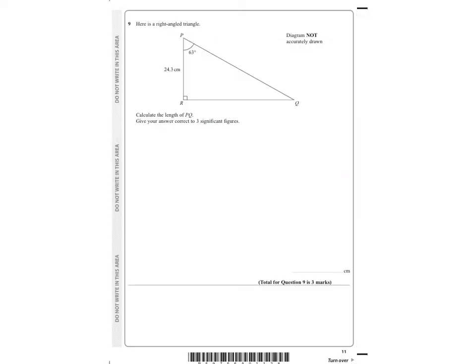Right, question number 9. Now this is a beautiful question, and especially it's 3 marks as well. So we have a right angled triangle and it wants us to find the length. The first thing we should be writing down is SOH CAH TOA. So, SOH.